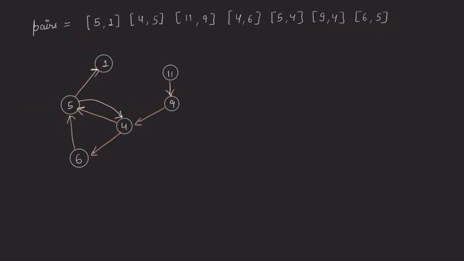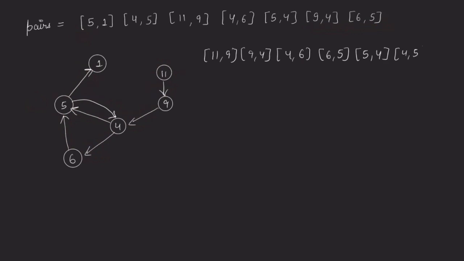Is this a valid arrangement? Yes. This is ending with 9, this is starting with 9; ending with 4, starting with 4; 6 and 6; 5 and 5; 4 and 4; 5 and 5. So this is one of the valid arrangements of pairs that we are looking for.